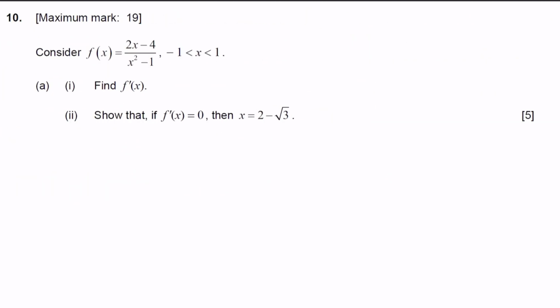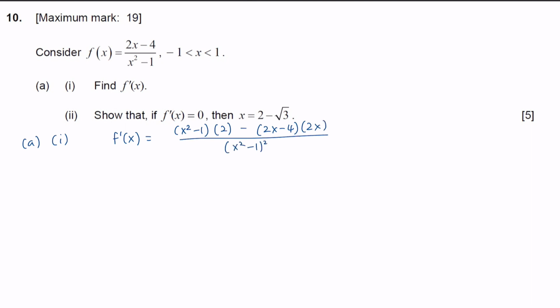Question 10a. Consider f(x) equals 2x minus 4 over x squared minus 1. Part A, part 1, find f prime x. So let's differentiate with respect to x. That's v du/dx minus u dv/dx over v squared.